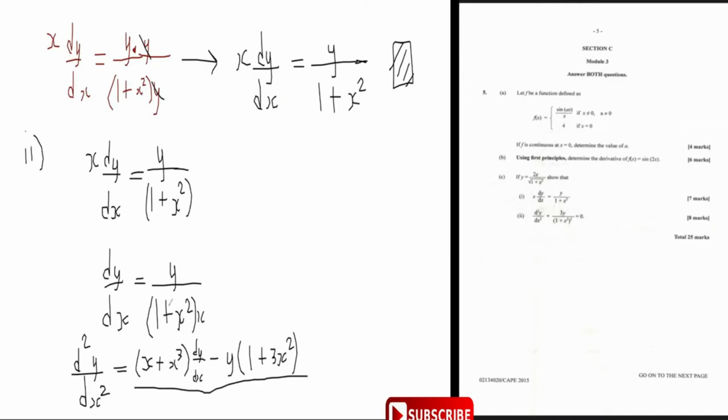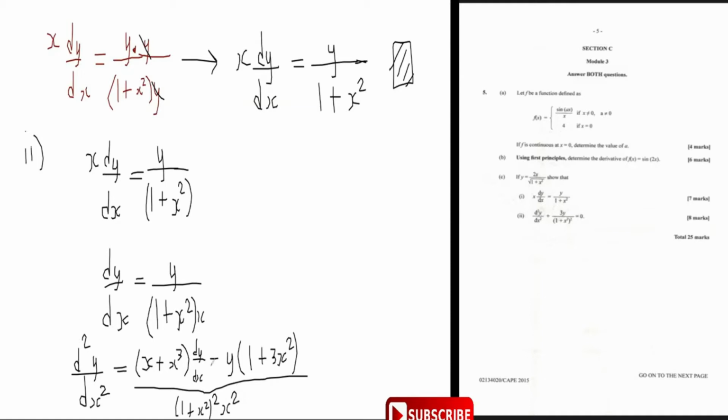All over the bottom squared. When I square 1 plus x squared, I get 1 plus x squared, squared, times x squared. That's what I get when I square the denominator.